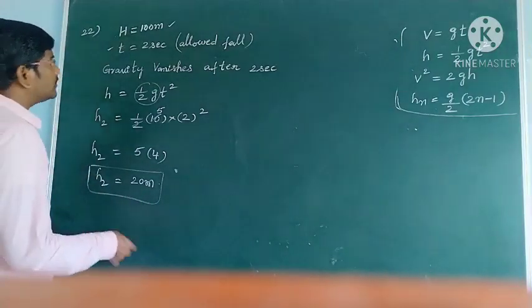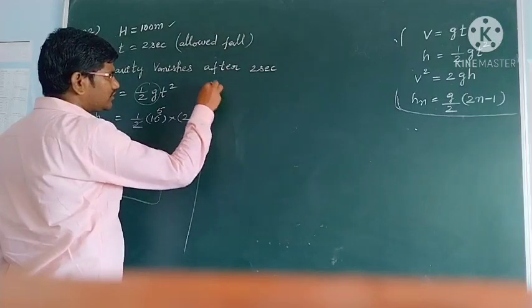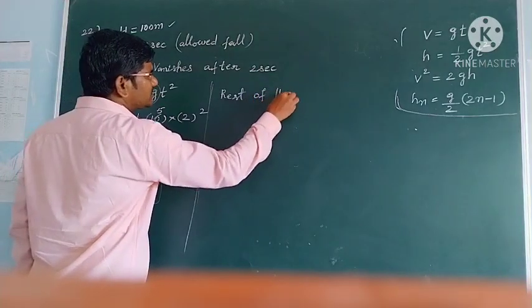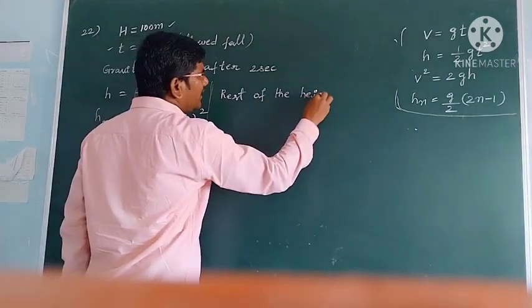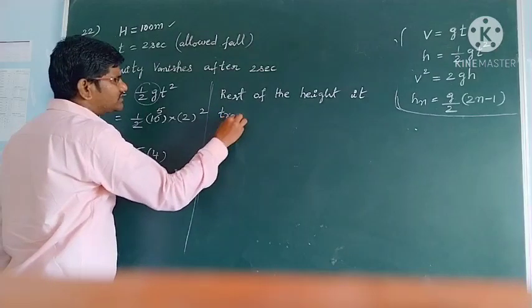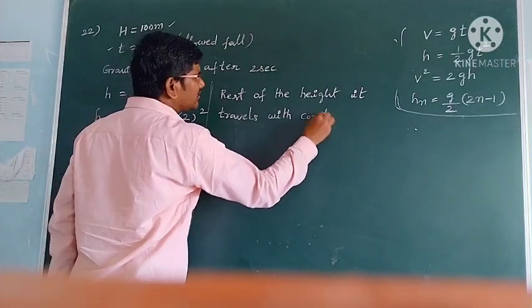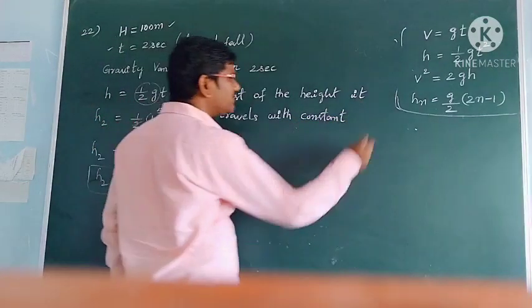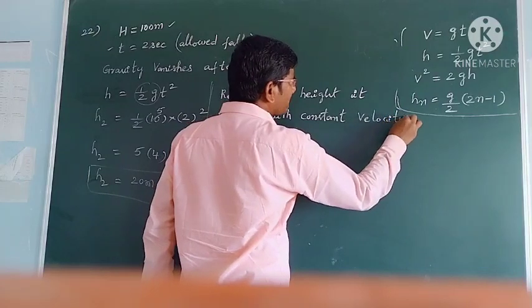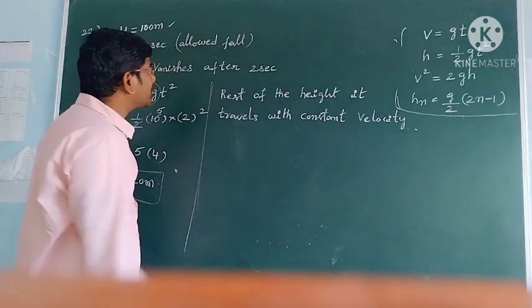Okay. So total height is given, so the rest of the height, the remaining distance, it travels with constant velocity. Okay students, the rest of the height it travels with constant velocity only, because there is no gravitational force.